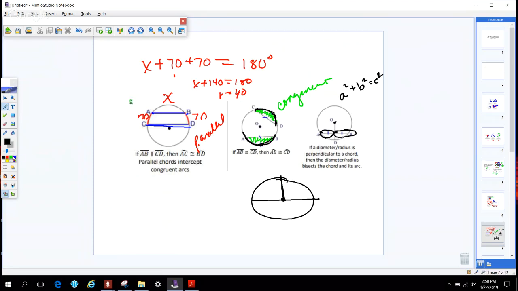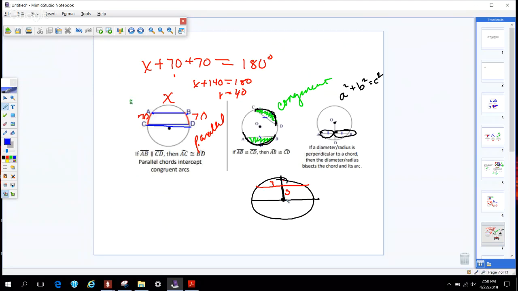So here's my radius, right? So here's my chord. And they might tell you something like this is 7 and this piece is 5, and they want to know what's the radius. And you're like, dude, I can't figure out how to get the radius. Well, so many times we think of the radius going straight up, down, left, right.